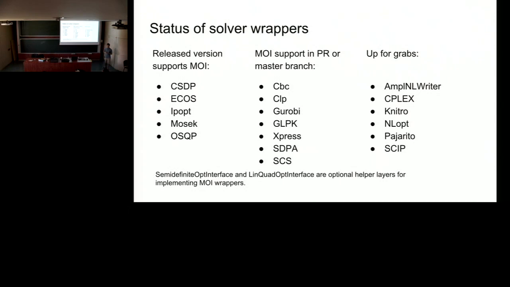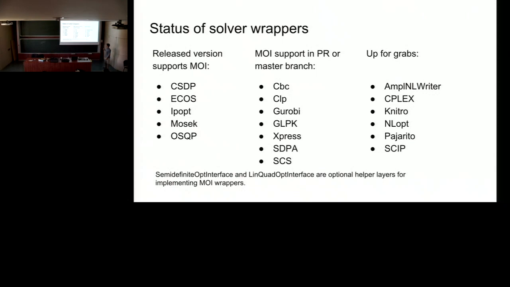You can get them by package add. These packages, except for MOSEK, have the MOI wrappers in the same package as the MathProgBase wrapper. In the case of MOSEK, it's in a separate package. These are all tagged, and you should just be able to pkg.add them and get the MOI version.